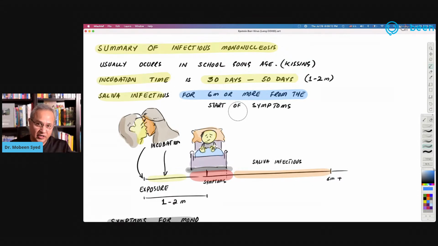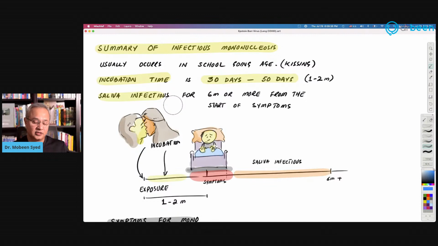So Epstein-Barr virus infected somebody, let's say me, then I got the symptoms, then the symptoms got resolved. Then it is possible that the person would continue to shed Epstein-Barr virus in their saliva. So their saliva would stay infectious for up to 6 months or more.